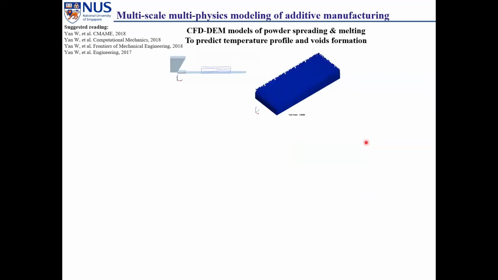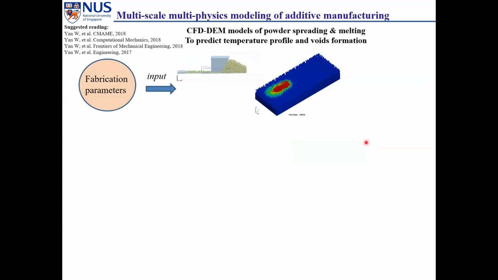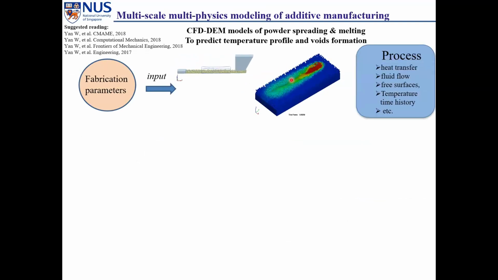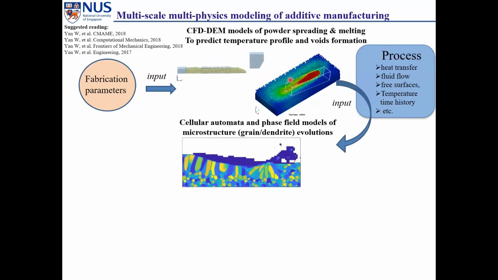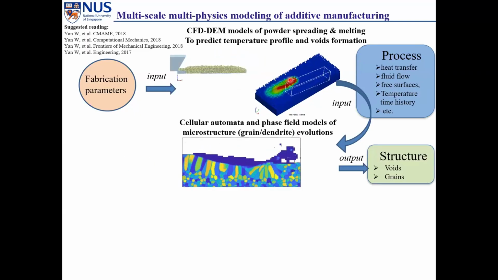So the overall modeling workflow is like this. When we have fabrication parameters, we simulate the manufacturing process like powder spreading and powder melting. Then we can get almost every variable in this process. Then we implement them into the microstructure evolution models using, say, cellular automaton and phase field models. We can get the complete information about the structure.